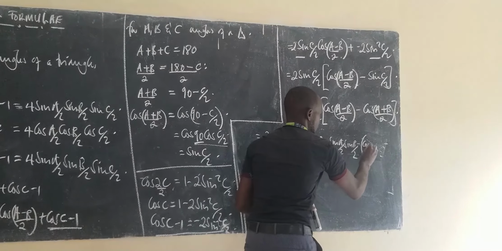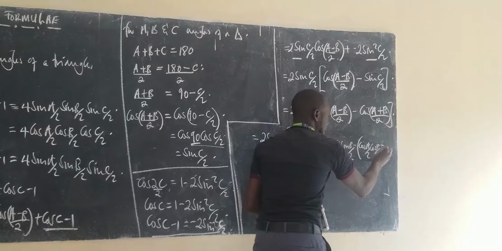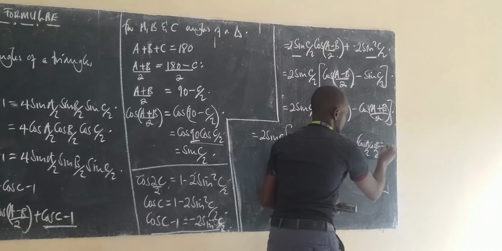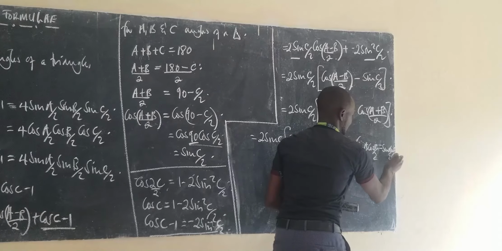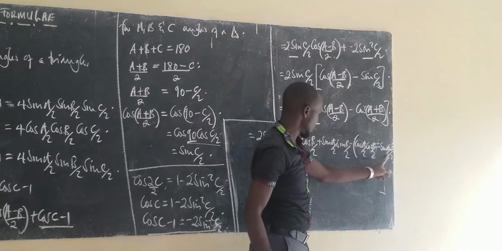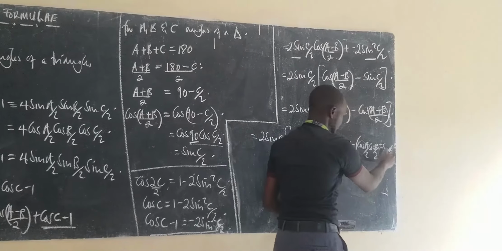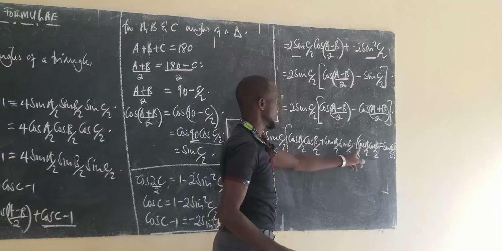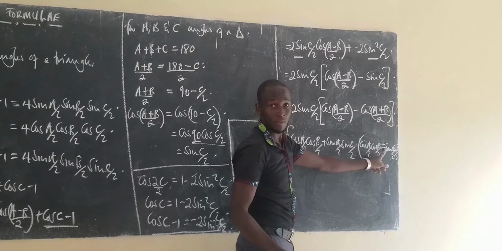So we shall have cos A over 2 cos B over 2, again minus, because this is a plus now, minus sine A over 2 sine B over 2. It is not visible so well, but it is sine A over 2 sine B over 2. When you open this bracket, this one becomes negative, but this one will become positive.